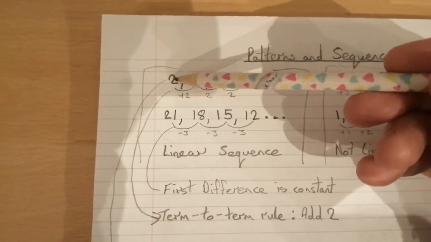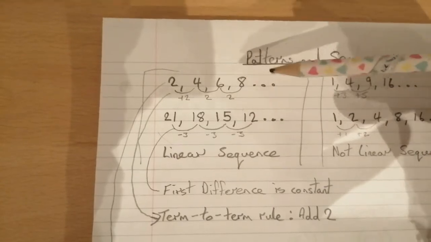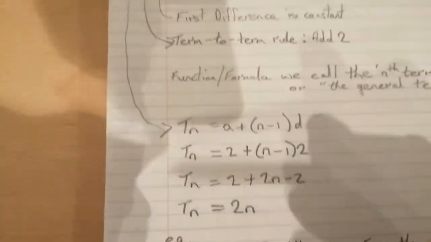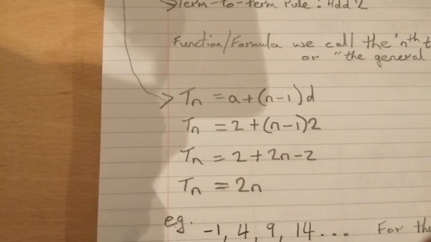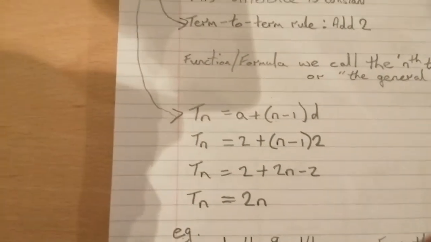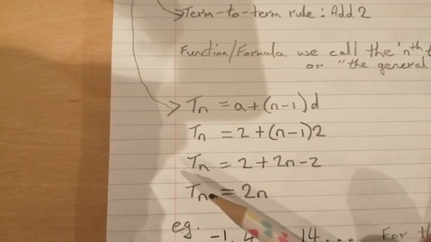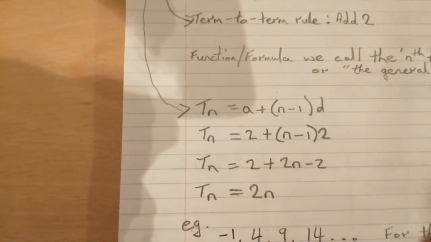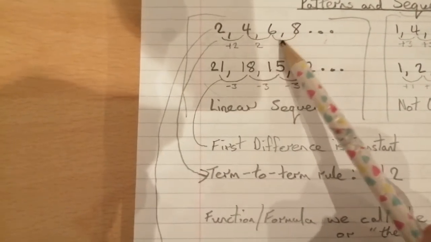So this is the first term, second term, third term, fourth term, fifth term, sixth term, etc. So term n, or the nth term, is standing for a general term, so it's like term something or term anything is equal to 2n. If you wanted to find term anything, you'd just have to multiply the anything by 2. In other words, we could use this formula to find any of the terms in our sequence.